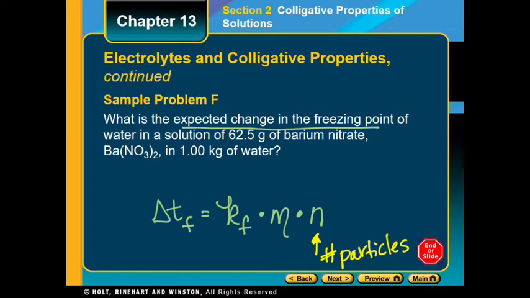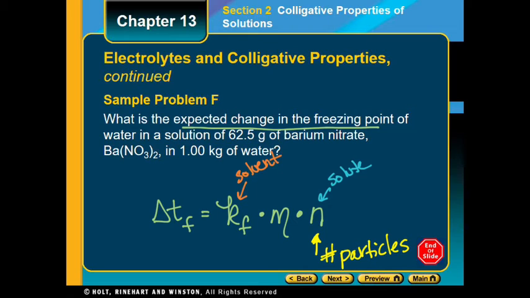So for this particular one, we had said that your KF is based on the solvent. Your M, well, that's a mixture of the two. Molality is moles of solute over kilograms of solvent. Your N is strictly based on your solute only. So KF for solvent, N is solute.